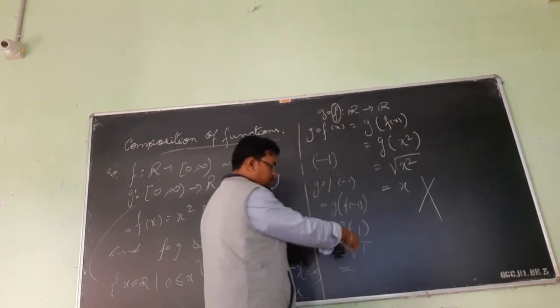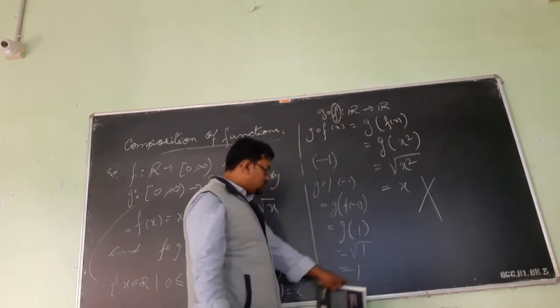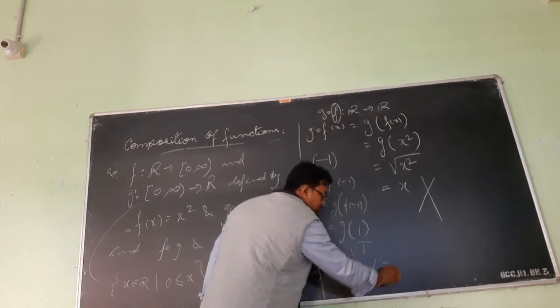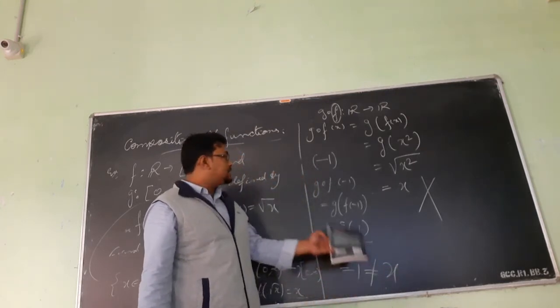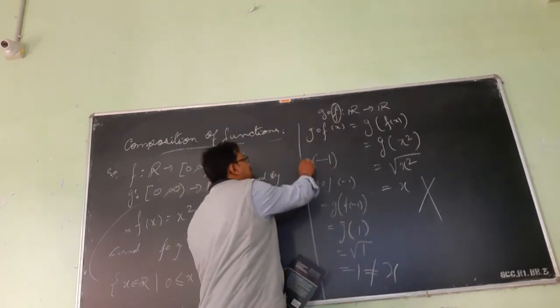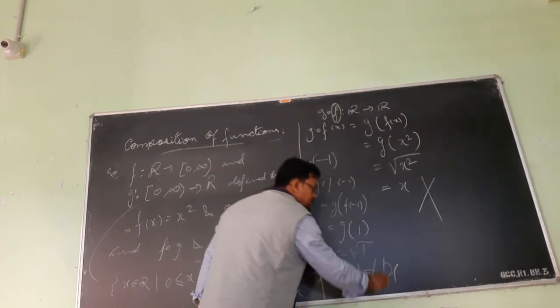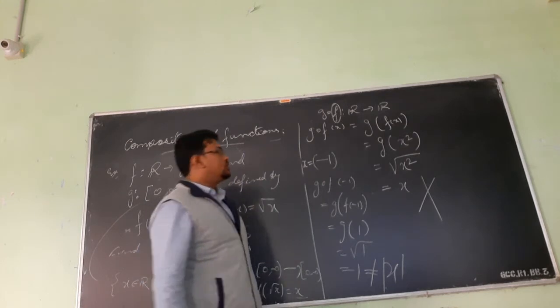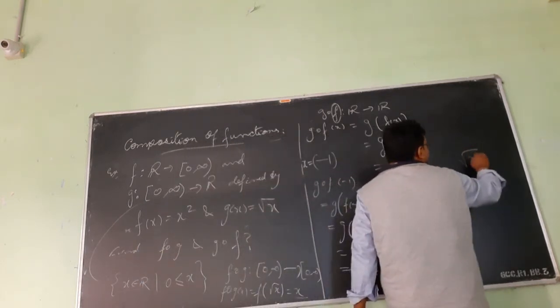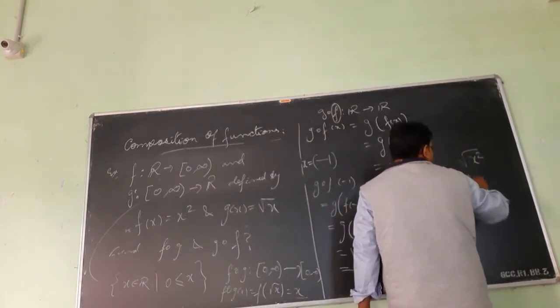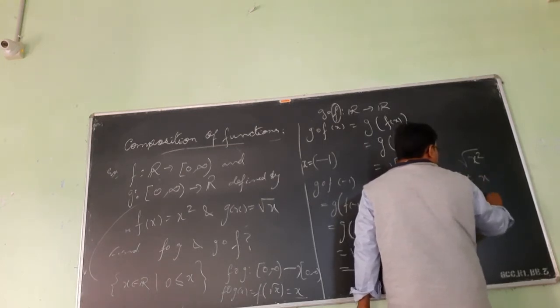So this is the positive square root of 1, which is 1. This is not the same as x, because x was -1. So this is actually mod x. So always remember, root over of x square is not equal to x. This is actually equal to mod x.